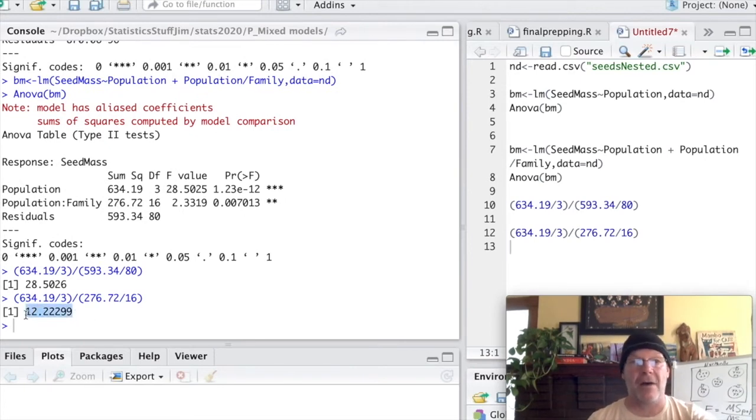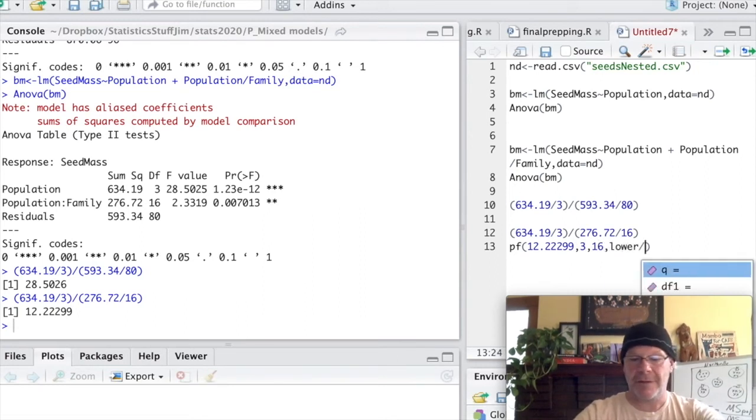And so now if we wanted to get the correct p-value for that, we would use what? We'd use the cumulative distribution function for an F. We'd give it the value, which is 12.22 something, and 3 and 16 degrees of freedom, lower tail equals false.